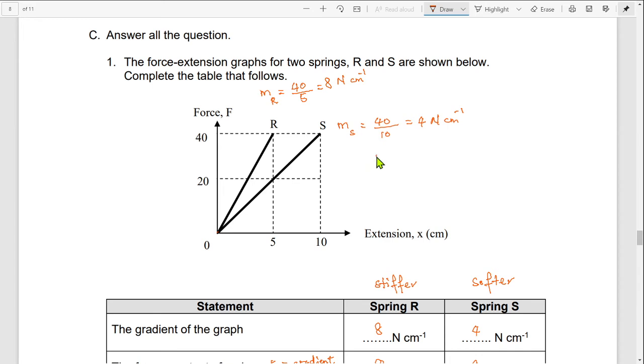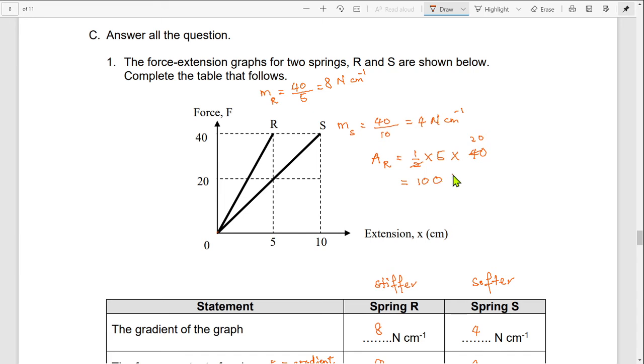So area under the graph for R equal to 1 over 2 multiplied by the base is 5 multiplied by the height, that will be 40. So that will give us 2 here will be 20. So this is 100 Newton centimeter, force multiplied by the y-axis.